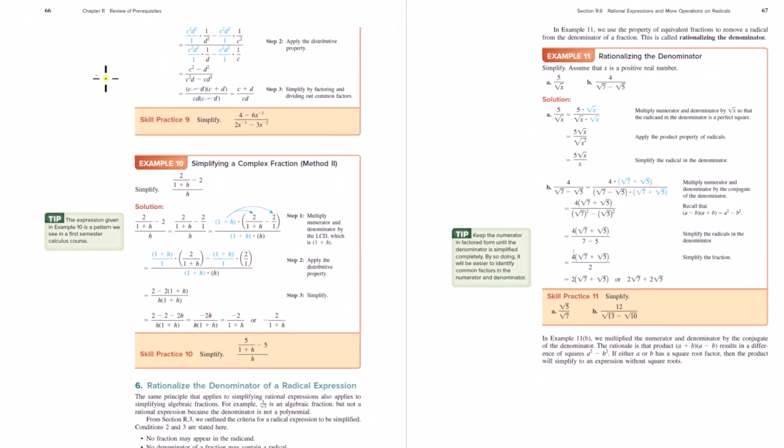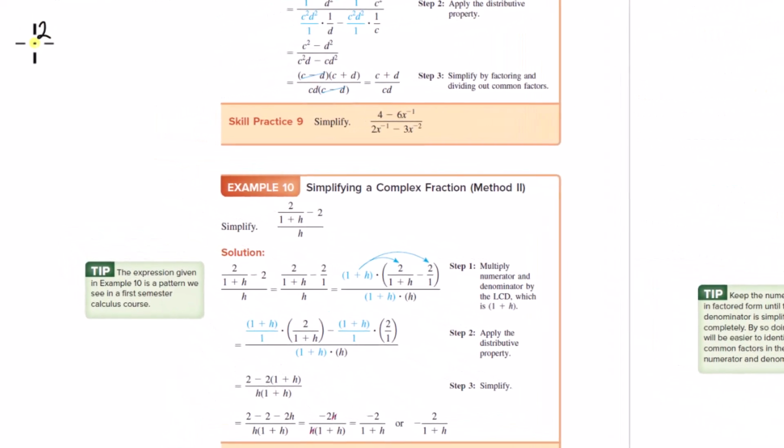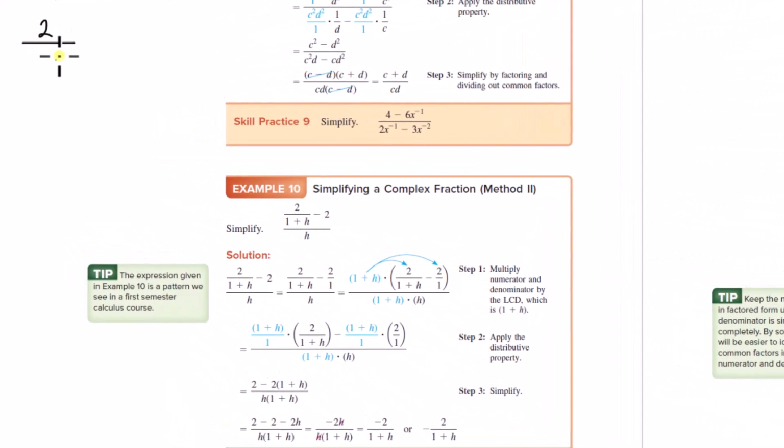Okay, let's see. We've got 2 over 1 plus h, minus 2, over h. So we just multiply by 1 in the form of the least common denominator of all of the fractions, but there's only one fraction here, so just multiply by the denominator of that fraction.